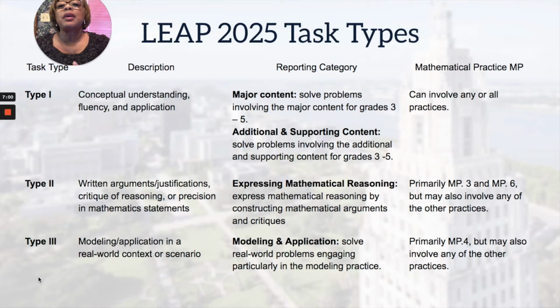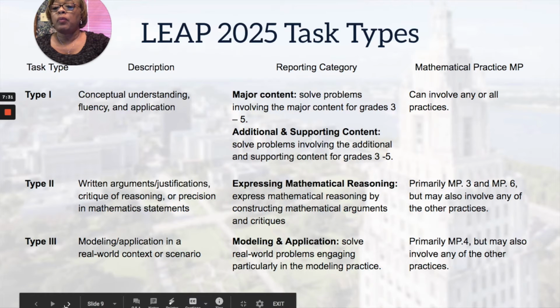So if this is the majority of what students are engaging in class, you know there are going to be some conceptual understanding questions as well as application questions, which can be aligned to any of those 8 standards for mathematical practice. So our students need to be able to think deeply. They need to be able to problem solve and be able to use reasoning in all of the work that they engage in mathematics class.